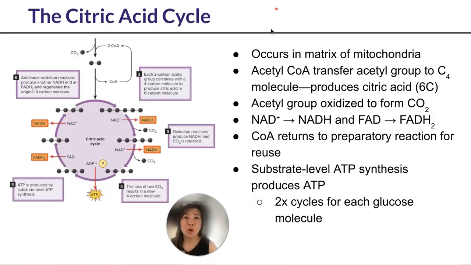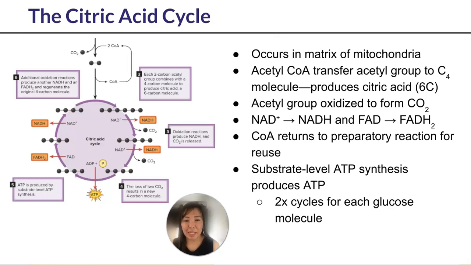The purpose of the whole citric acid cycle is basically to transfer electrons and hydrogen atoms to NAD plus and FAD. NAD plus and FAD are both electron carriers. Our goal is to make these molecules that carry electrons that we're going to use later in the glucose breakdown when we get to the electron transport chain.